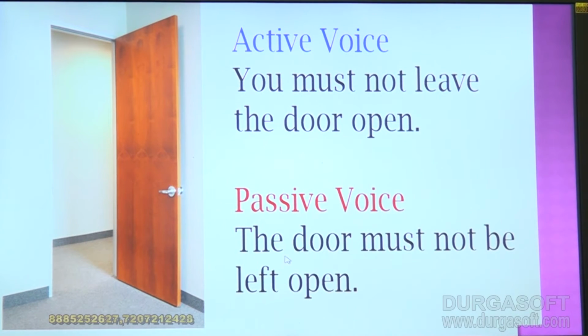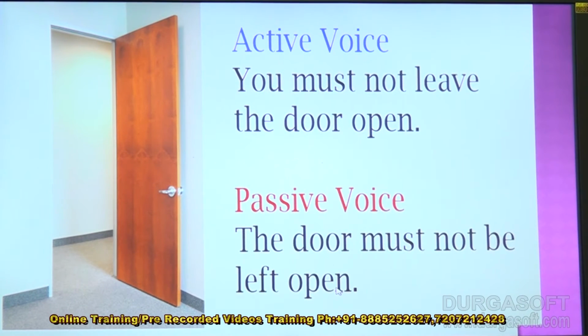See here, the last part of the active voice occupied the first position, that means the subject's position, and the remaining part we are going to discuss very quickly, and the beginning part was left over here.